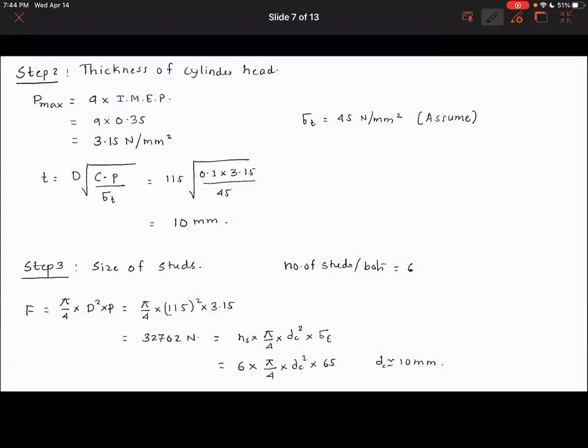And we need to find out, excuse me, the pitch circle diameter. So the PCD of studs is D plus 3d, is 115 plus 3 times this diameter is dc divided by 0.8, because d is the actual diameter, which is core diameter divided by 0.8.